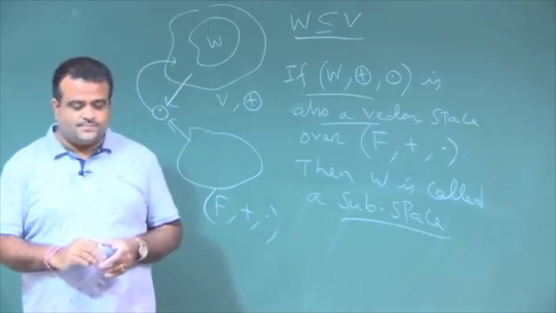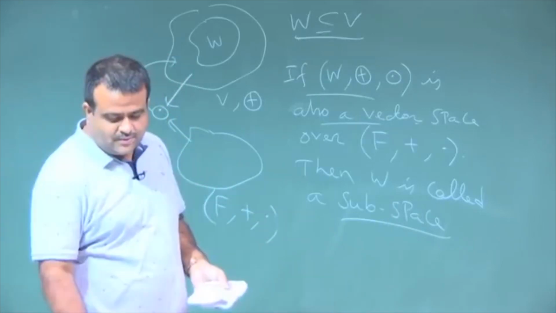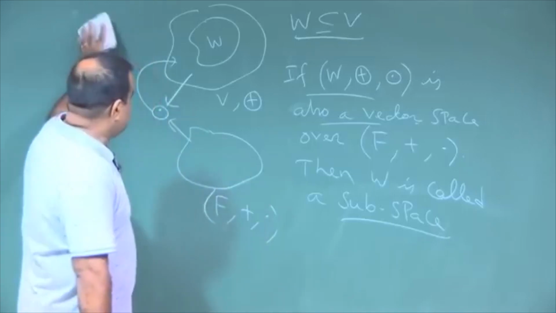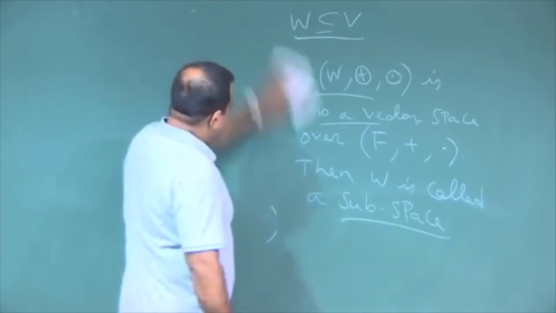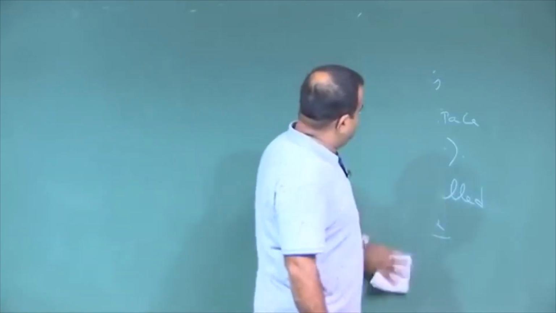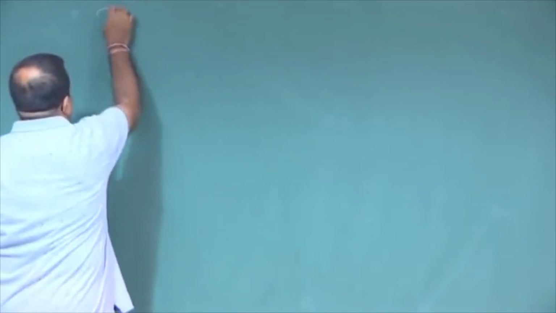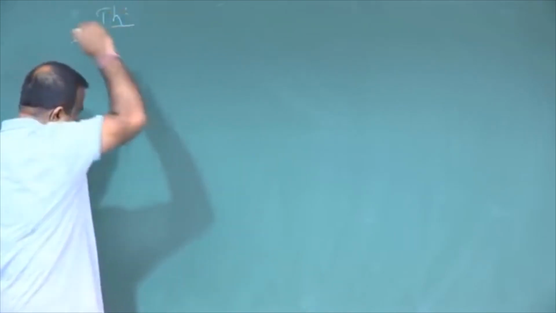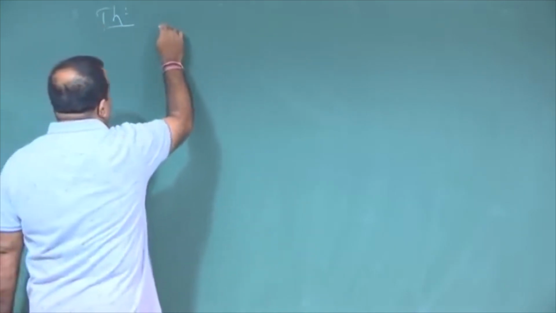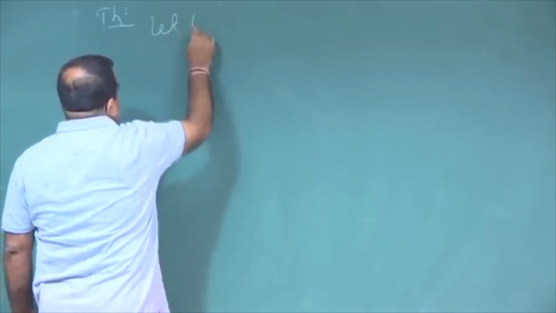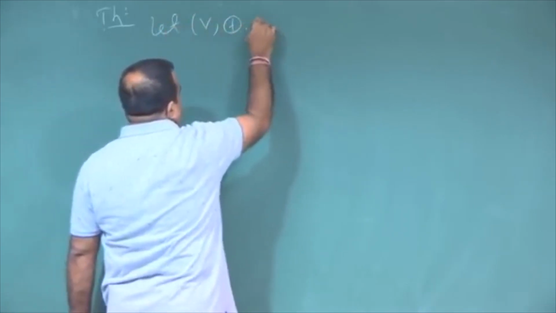So, we can take some examples of subspaces. Before that, we can have a necessary and sufficient condition for a subset to be a subspace. That is basically a theorem on that. Again we have a non-empty set. We know the meaning of all this.